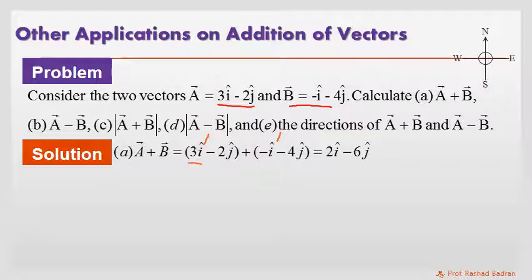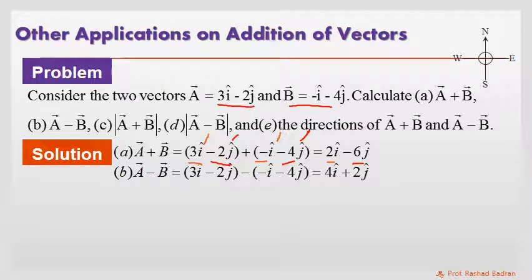Here we have 3 minus 1, we'll get 2 for i hat. For j hat, we'll do the same thing. The y components of the vectors can also be added together. Here minus 2, minus 4, that is minus 6 j hat. So the added vectors give us 2i hat minus 6j hat.